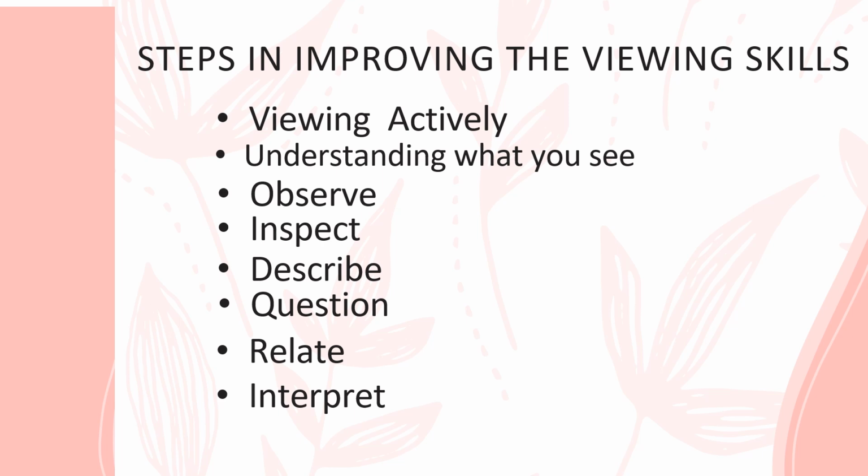So, by observing a picture or text, it can help us think of an idea on how we can create an idea to write a sentence or think critically on what we have observed. Number two, inspect. Inspect all parts of the image.